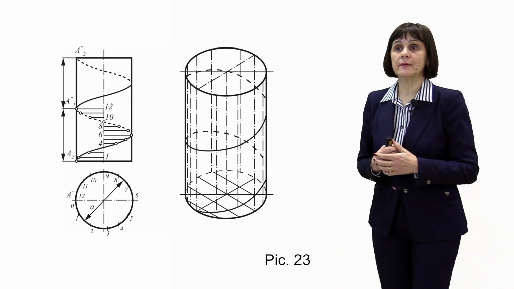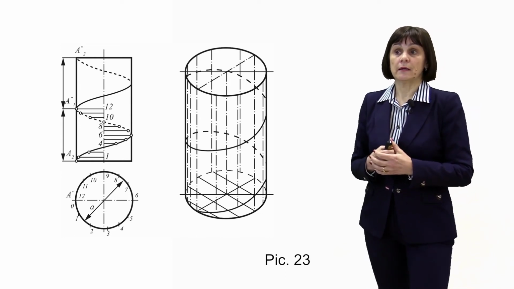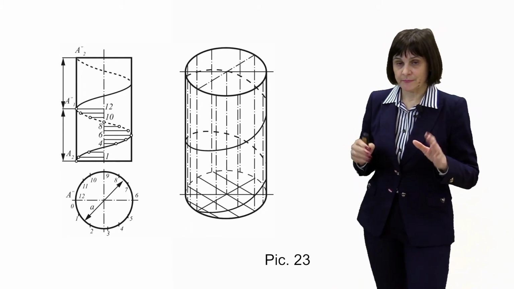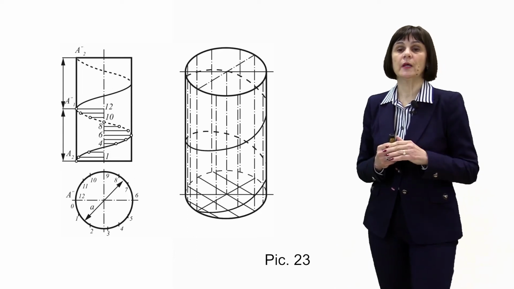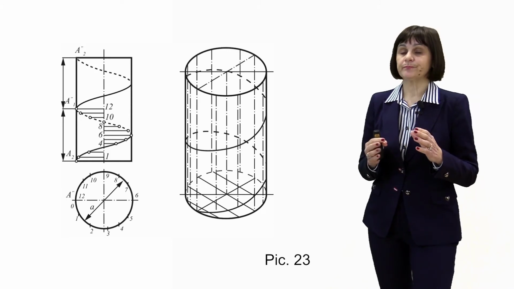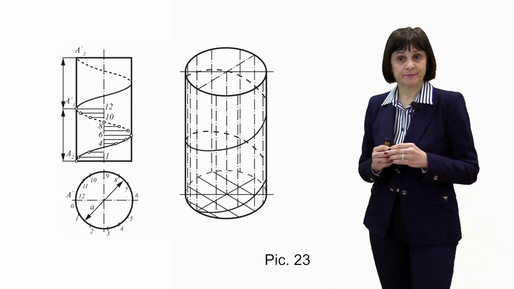To construct this cylindrical helical line, we should make some steps. First of all, on the horizontal plane, you need to divide the circle into 12 equal parts.